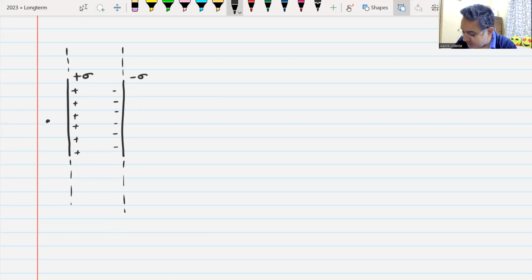Then I have 3 points here, point A, point B, and point C. Remember, these points are very near to the sheet. And remember, an infinite sheet creates a uniform electric field. Yes or no? Do we remember this?